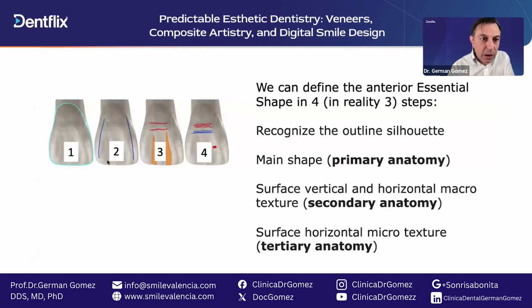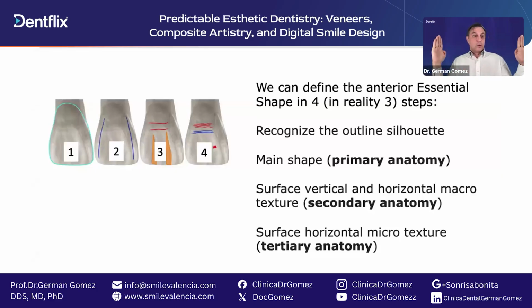Then the second step is the main shape, primary anatomy. So shadow area, reflective area in the center, and then again shadow area where it goes into the contact point. Here, by making these lines more together, we can visually make a more narrow tooth, although it touches the other teeth.